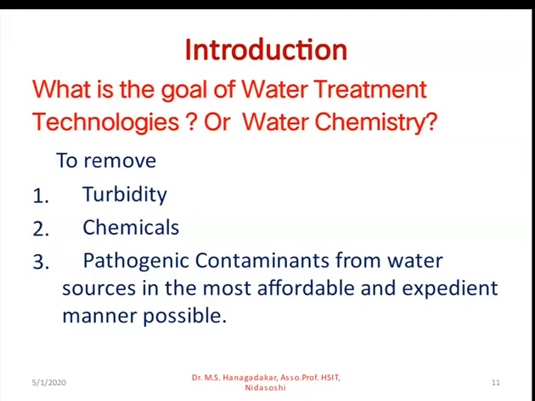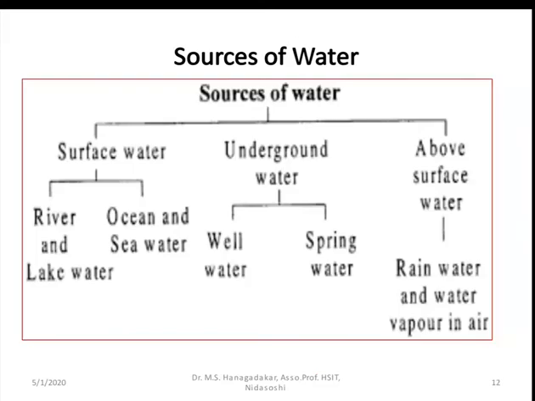Now let us begin. One of the important parts of this chapter is the sources of water. As in the slide I have depicted, you can observe that sources of water are broadly classified into three types: first, surface water, second, underground water, and third, above the surface water.